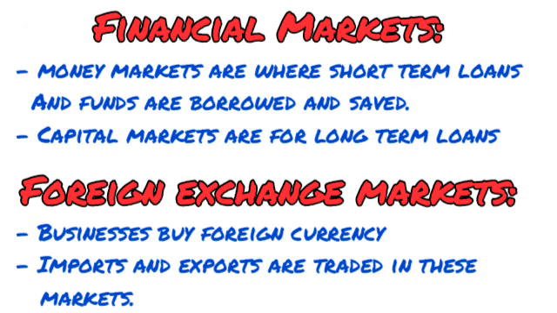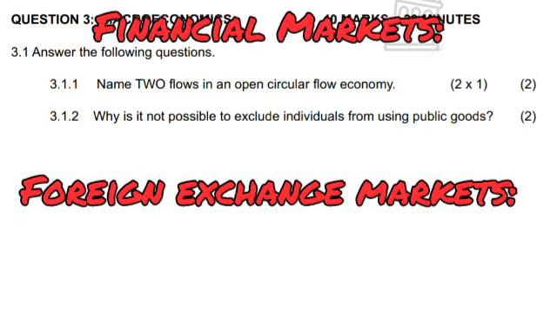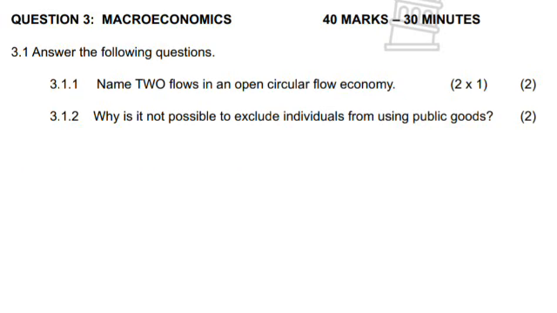A business in Rwanda uses the currency in Rwanda. So that means you will have to take your South African rands and change them to the currency in Rwanda for you to be able to buy those coffee beans and import them into the country. So we also say imports and exports are traded in these markets. To trade those imports and exports, you have to exchange currencies.